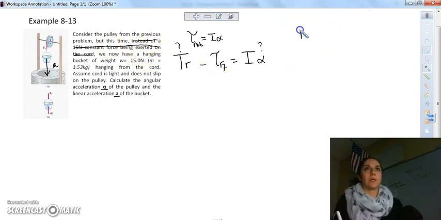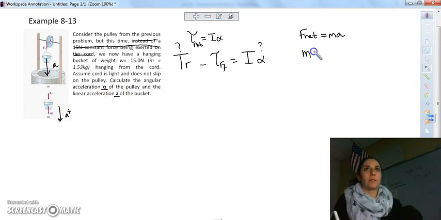So in order to find this, we could actually use the linear setup, F equals ma, to help us solve this. So if you look at the free body diagram conveniently drawn right here, and assuming the acceleration is down, making it positive like this, we could set up the following equation.